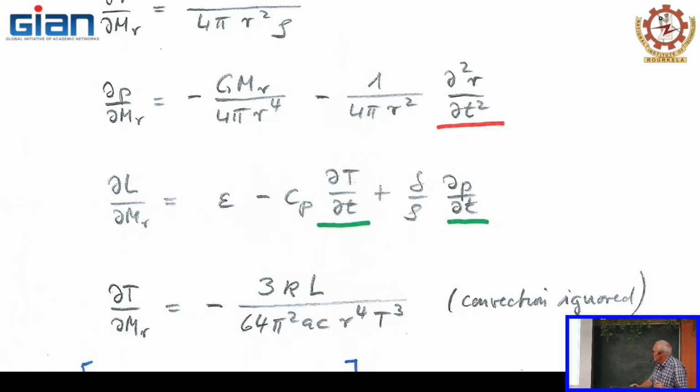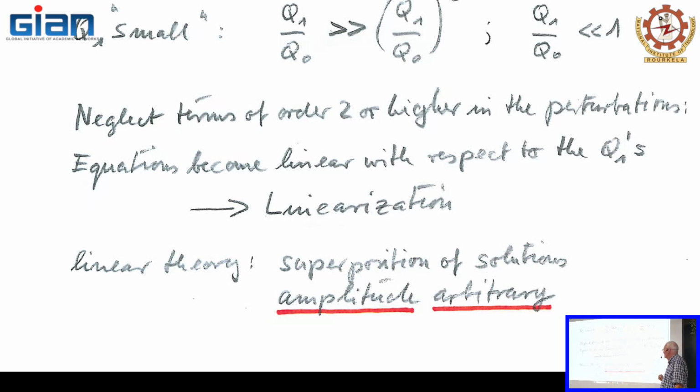We neglect terms of second or higher order in the perturbations, and as a result, the equations become linear with respect to the perturbations. The process which we are doing is called the linearization of our equations. Well, we obtain homogeneous linear equations for our perturbations P1 and R1.